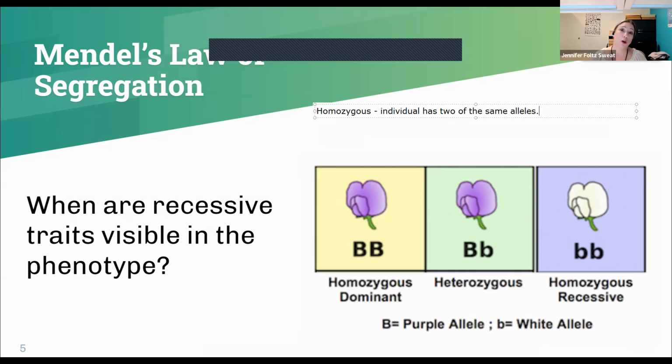Now, an individual can be homozygous dominant. They have 2 of the dominant allele, or homozygous recessive. They have 2 of the recessive allele. So it would be big B, big B, or little b, little b.